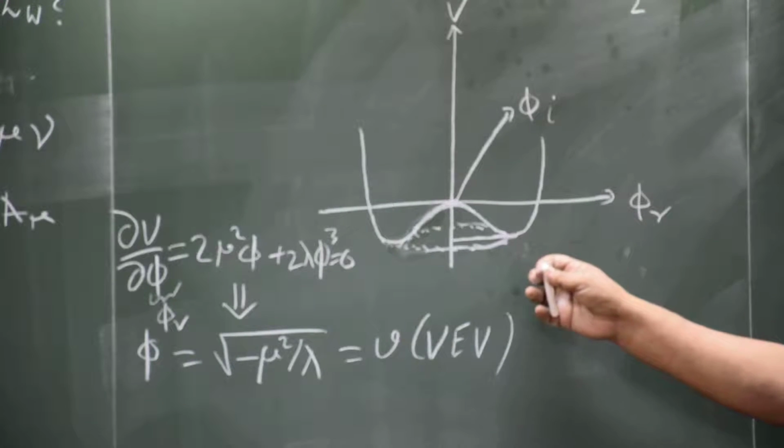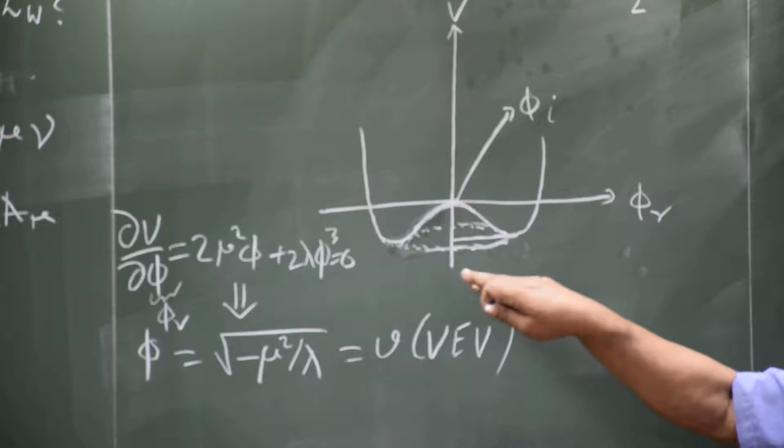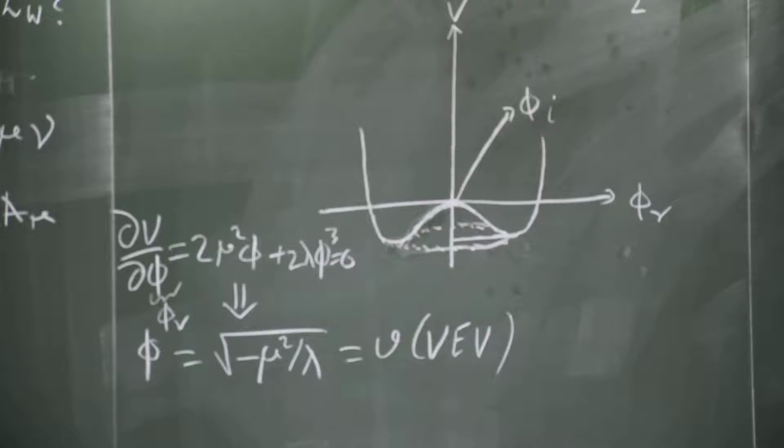The minimum energy level, which is by definition vacuum, of course not from zero value of the field but a finite value. Clear? That is a very important thing. Just internalize that.